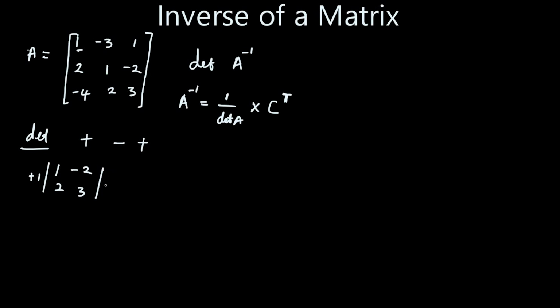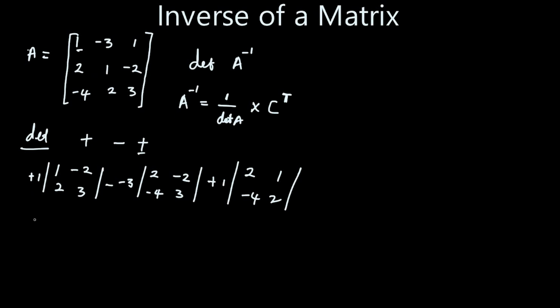Remember the sign is minus, so minus, then minus 3. We close the row and the column that contains that. We remain with 2, minus 2, minus 4, 3. Then lastly, the sign is a positive, so we have plus 1. We close the row and the column that contains 1. We remain with 2, 1, minus 4, 2.